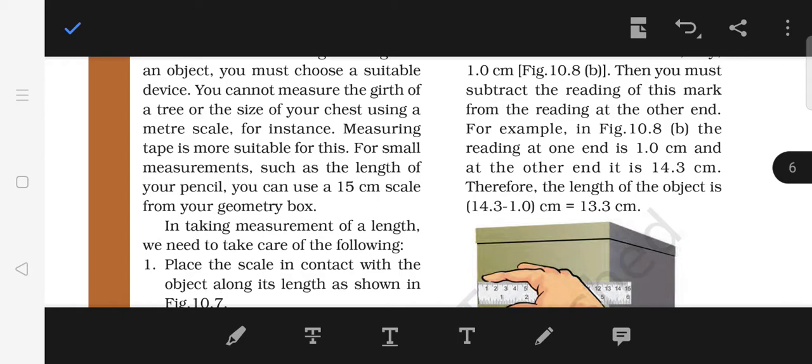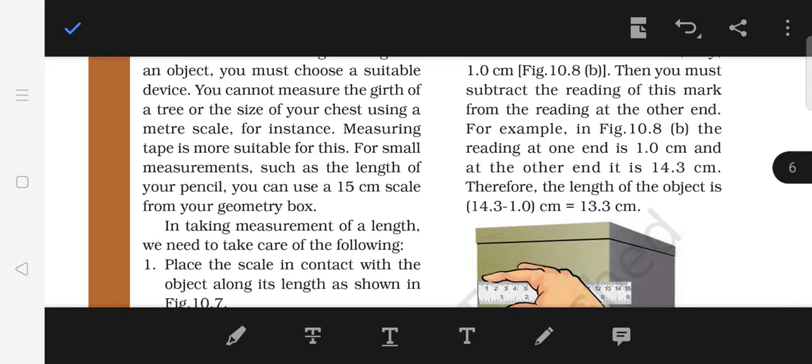You cannot measure the girth of a tree or the size of your chest using a meter scale. For instance, a measuring tape is more suitable for this. For small measurements such as the length of your pencil, you can use the 15 centimeter scale from a geometry box.